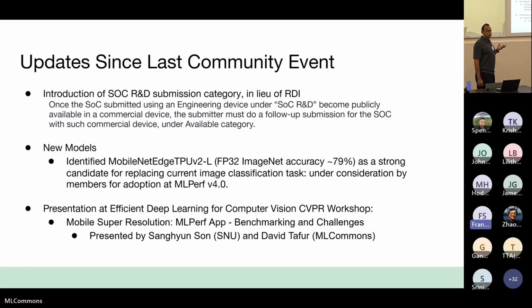It allows the vendors to use an engineering device, which may not be very consistent with the rules because an engineering device may be rooted and all these other things. But basically the rule is you can submit using an engineering device with your SOC. But once that SOC gets commercialized in an available public device, you will have to resubmit with that available public device. So this is basically in lieu of the RDI in the main inference.